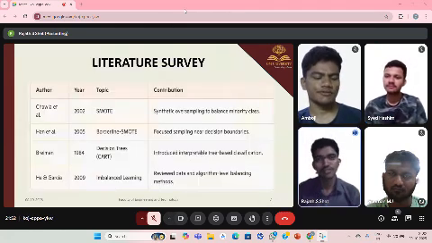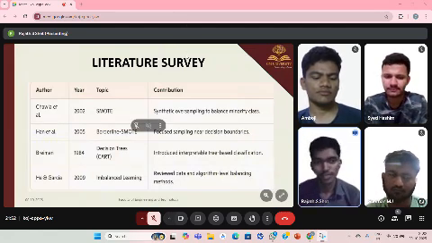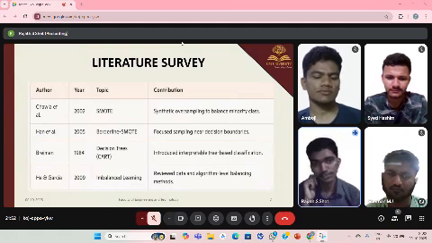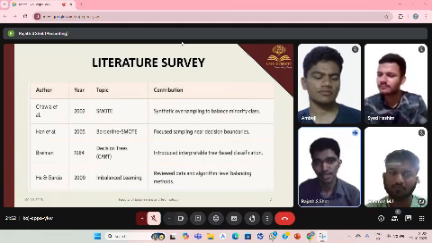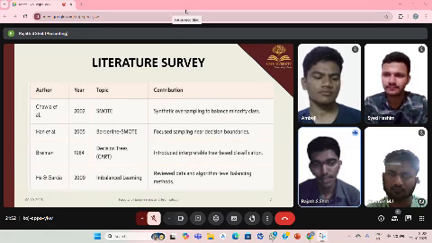In this slide we discuss the literature survey on our project. First was Chawla in the year 2002 on the topic SMOTE, synthetic oversampling to balance minority classes. The second one was Han et al. in 2005, where the topic was Borderline-SMOTE, which focused on sampling near decision boundaries.